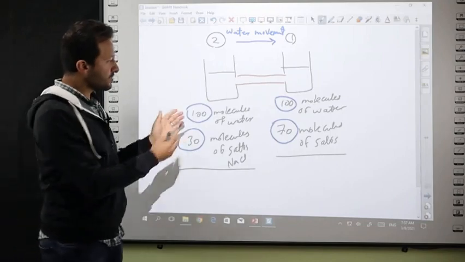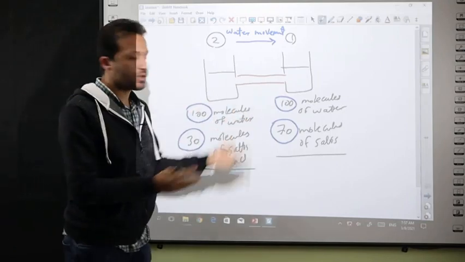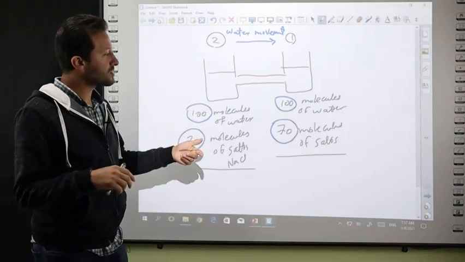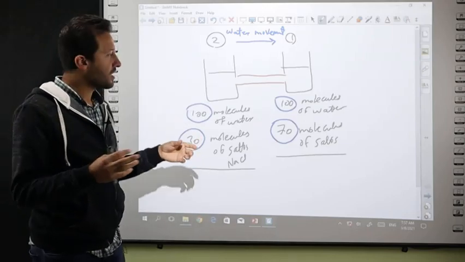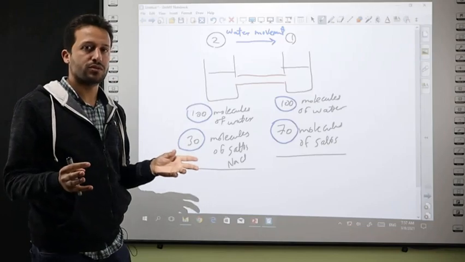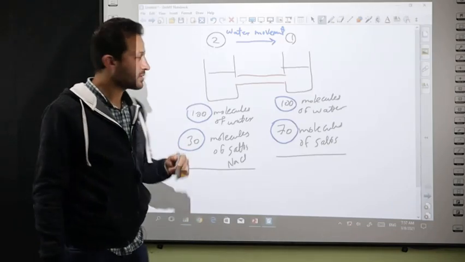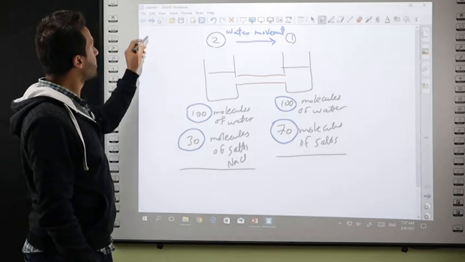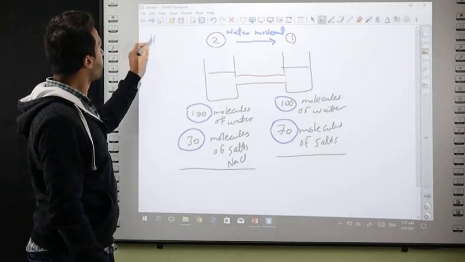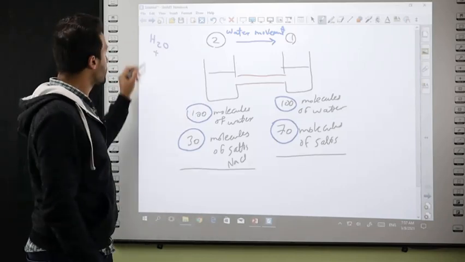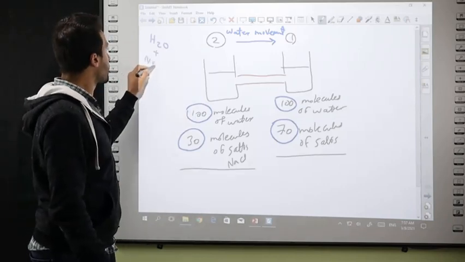We said that the concentration of water, 100, is equal. But when adding salts, salts make a difference in water concentration. How? You will study in prep that each water molecule will link with a salt molecule.